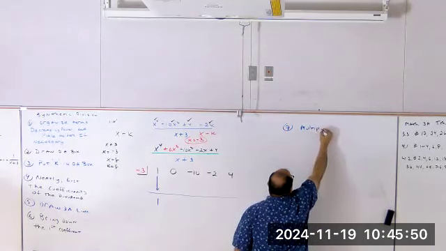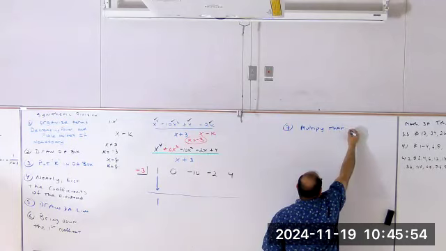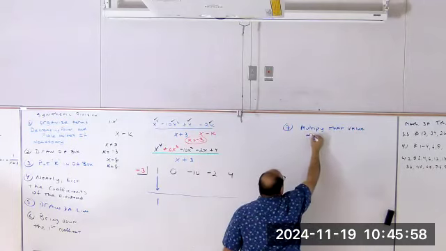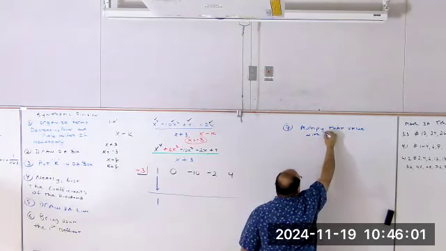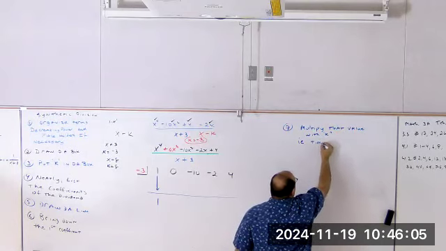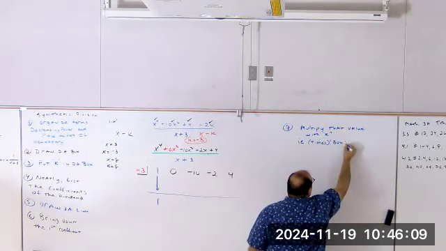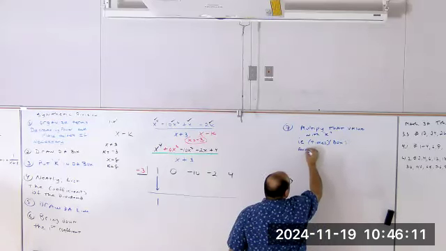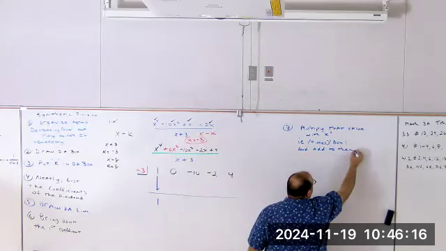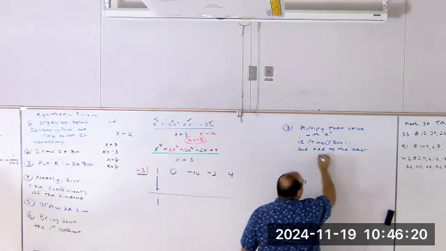Multiply that value, whatever you just brought down, with the K. In other words, times what's in the box, and add to the next column.